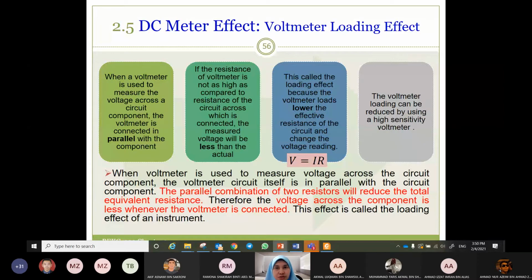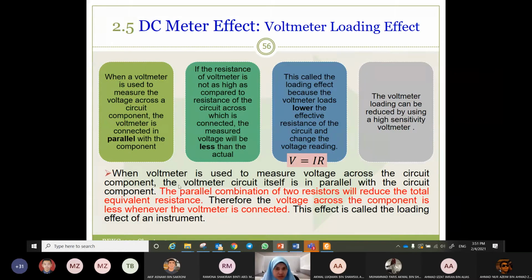This we call the voltmeter loading effect. Why is the voltage measured reduced? Because the voltmeter itself has internal resistance due to RS and due to RM. The voltmeter loading can be reduced by using a high sensitivity voltmeter.